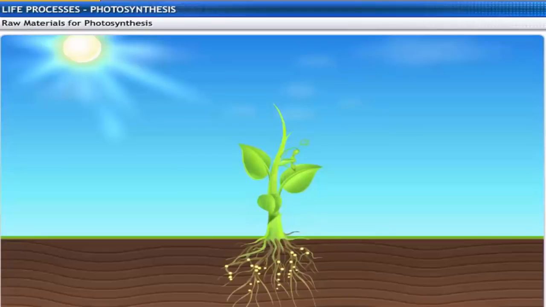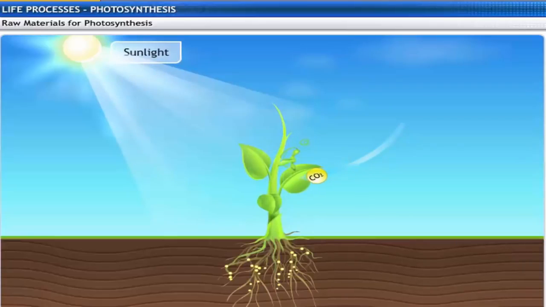Let's look at the basic raw materials needed to perform photosynthesis. Sunlight acts as a source of energy. Carbon dioxide is obtained from the atmosphere. Water is absorbed from the soil by the roots of plants.